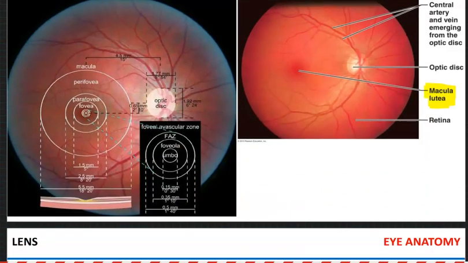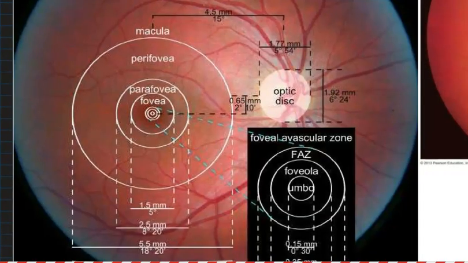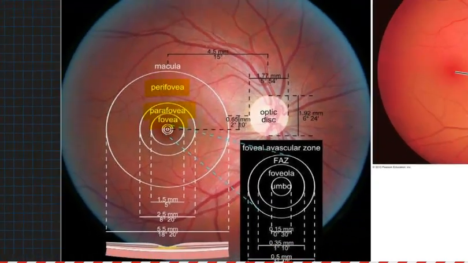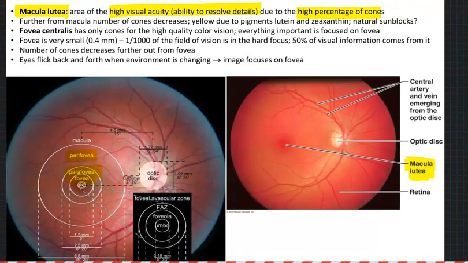Now, if you look at the structure of macula lutea, it has multiple sub-compartments, let's call them this way: perifovea, parafovea, and finally fovea, sometimes called fovea centralis. Turns out, fovea is really small. The diameter of fovea is 0.4 millimeters.